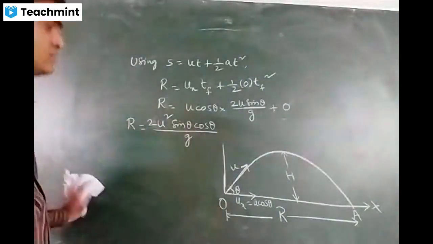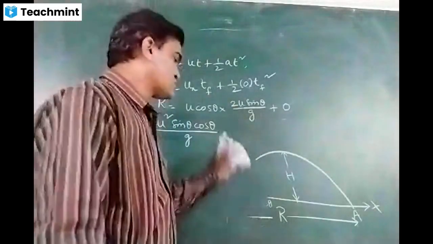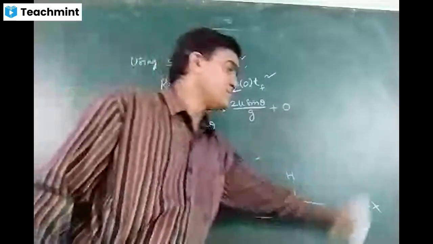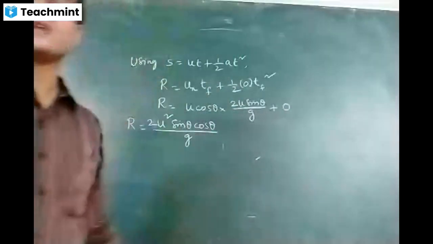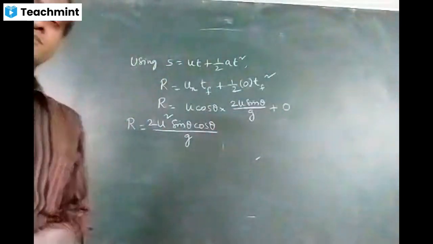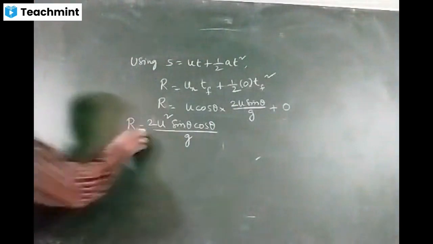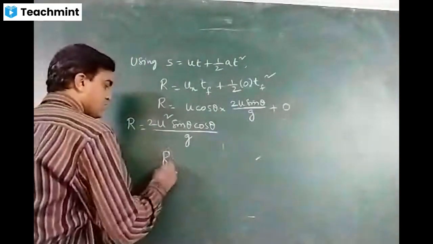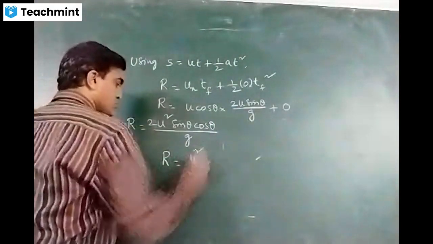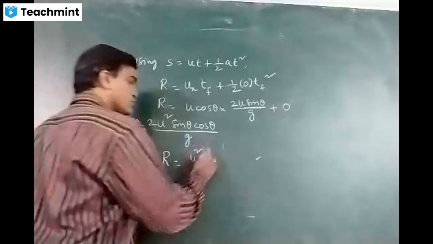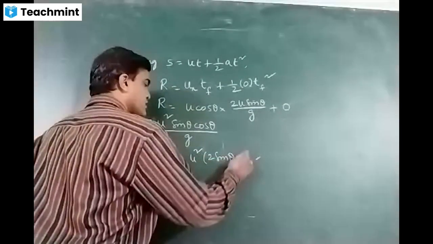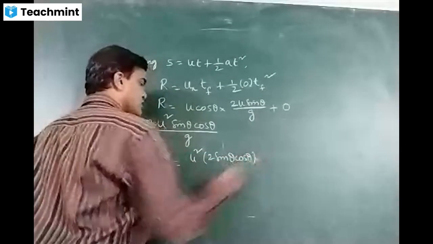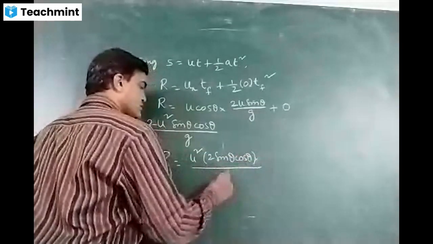Now in this formula, can you see the term 2 sin theta cos theta? R is equal to u square into 2 sin theta cos theta upon g.